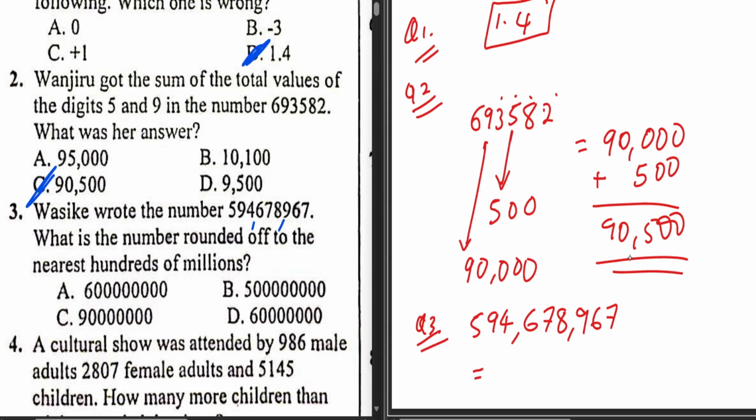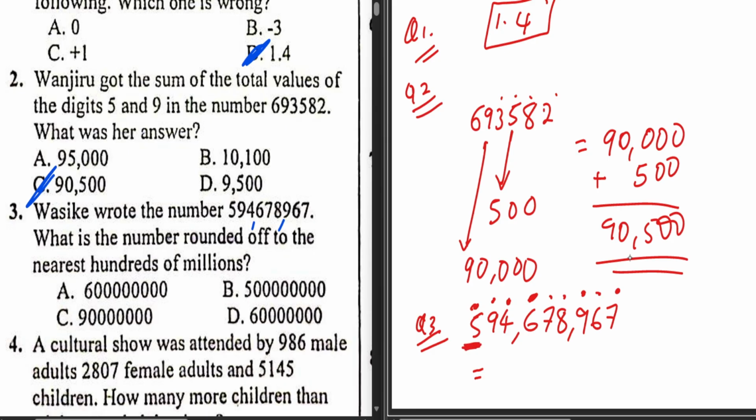This is ones, tens, hundreds, thousands, tens of thousands, hundreds of thousands, millions, tens of millions, and now hundreds of millions.